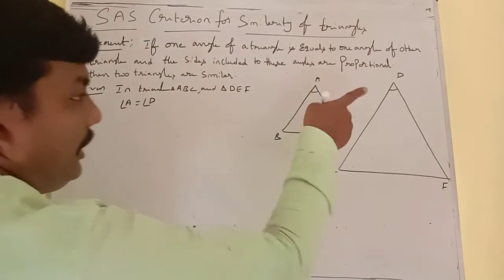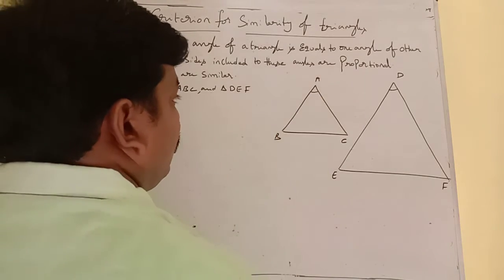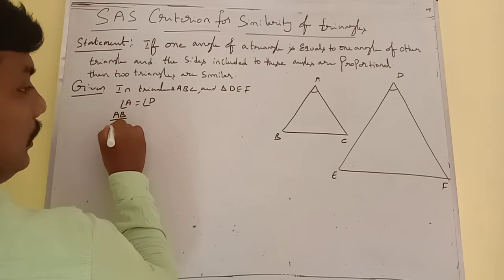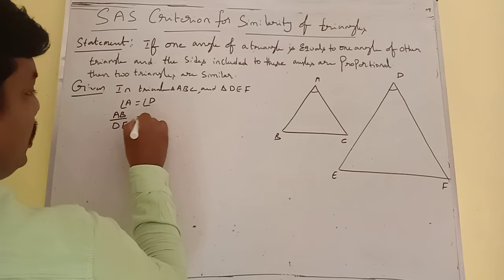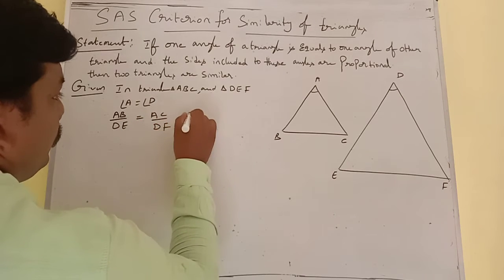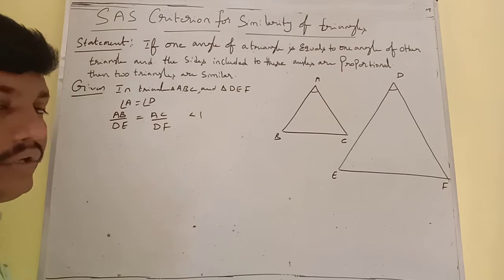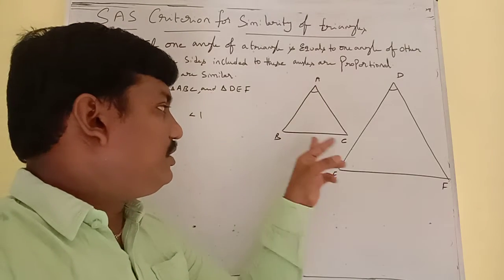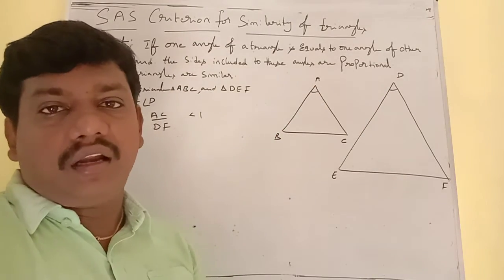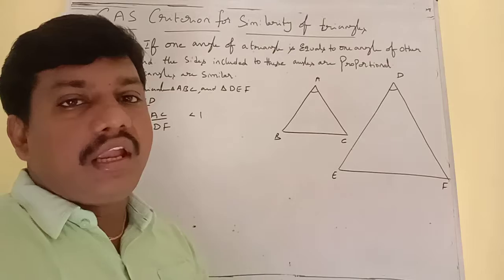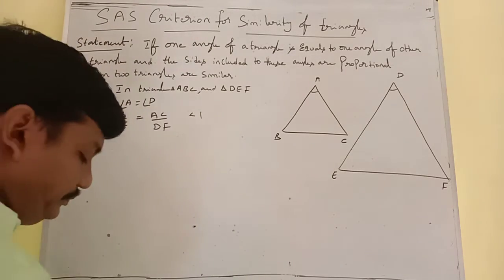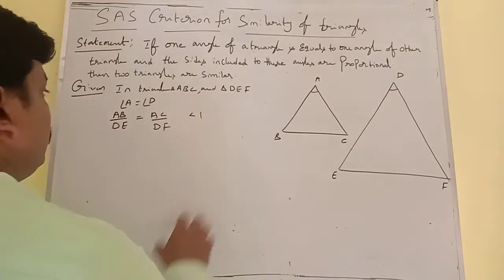Then, if the angles are equal, the included sides are in the same ratio, that is AB by DE is equal to AC by DF, which is less than 1, because we consider triangle ABC smaller when compared to triangle DEF. That's the reason why we have taken the less than 1 condition. So this is about the given.